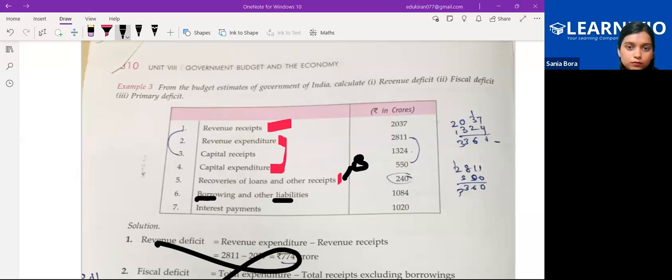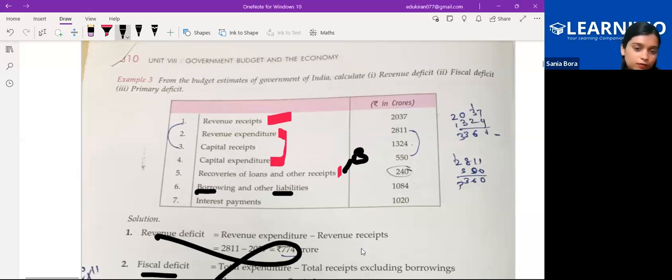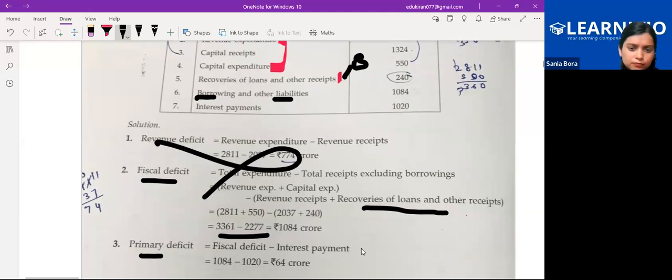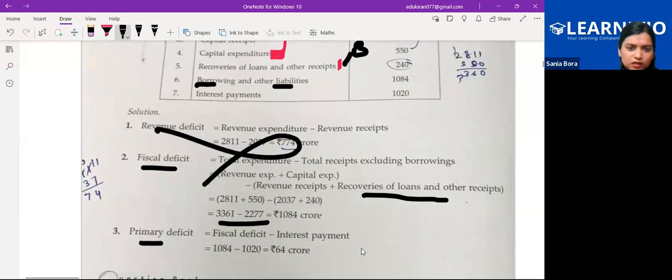Ma'am, the third one is minus 844. First is 774, second is minus 240, third is minus 844. How did you get zero here?